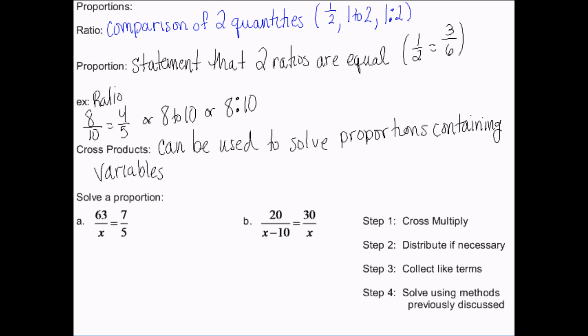So I multiply 7 and x. I make an x. And I multiply 63 and 5. And then each of these goes on either side of the equal. So x times 7 goes on one side, 5 times 63 goes on the other, like that.